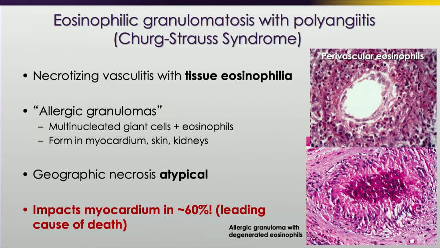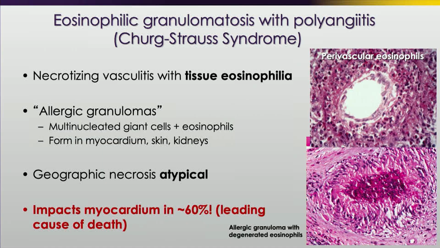Yes, this is a granulomatous and necrotizing vasculitis, but the additional component here is tissue and peripheral eosinophilia. And the granulomas are called allergic granulomas. These are multinucleated giant cells that are palisading around eosinophils, trying to bring them together and wall them off. These allergic granulomas form in the myocardium, the skin, the kidneys.